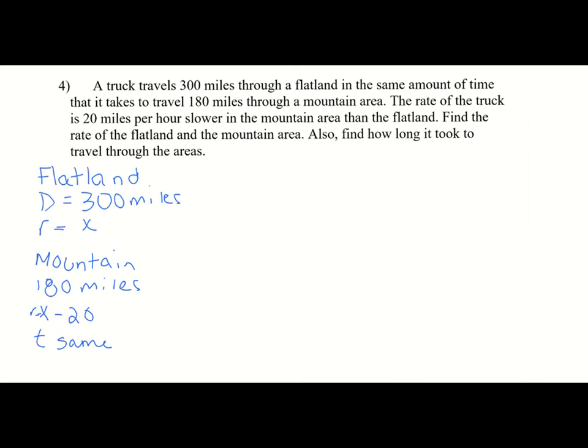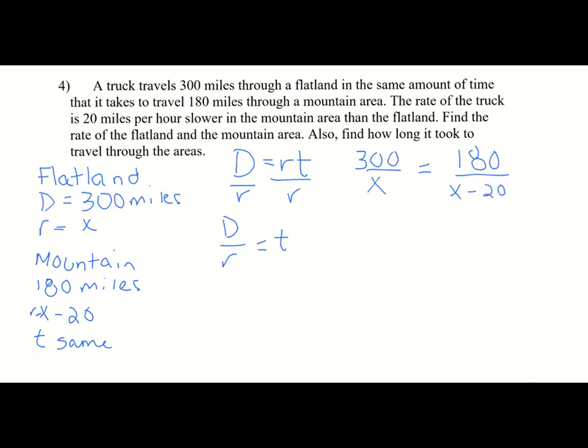So again, if we have distance equals rate times time, to solve this, we're going to divide both by the rate. So we have distance divided by rate equals time. And we're going to set our two equations equal to each other again because the time is the same. So we're going to do 300 over x is equal to 180 over x minus 20.